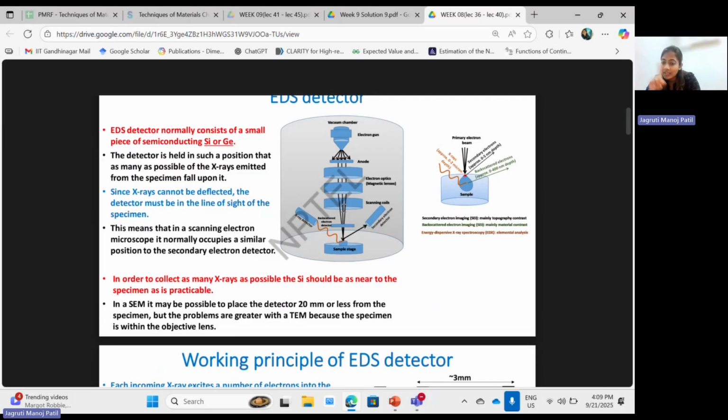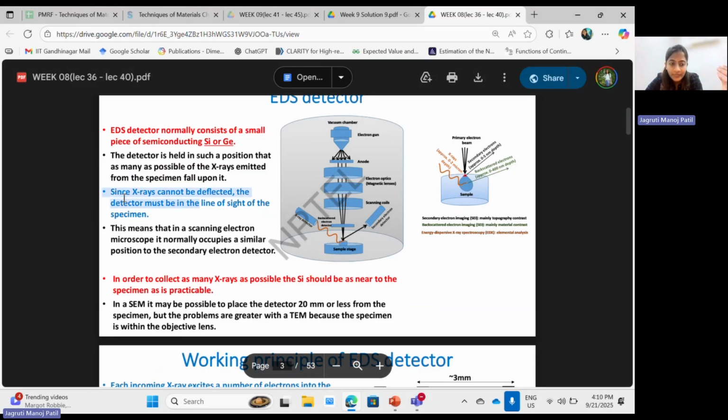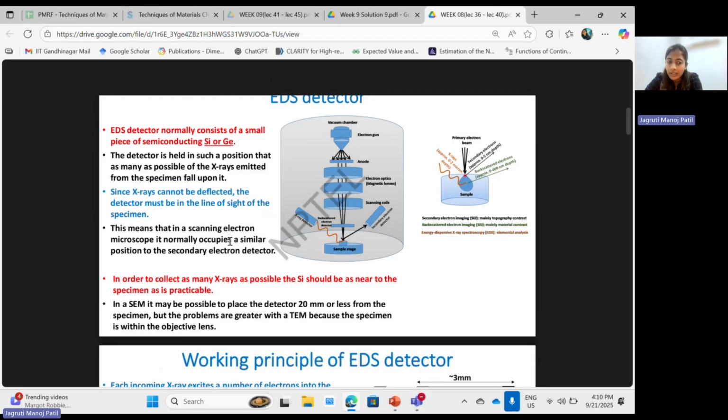Since X-rays cannot be deflected back into a direction that we want, the detector must be in the line of sight of the specimen, so it's very important. This means that in a single scanning electron microscope it usually occupies a position similar to the secondary electron detector. They have calibrated the system to a point that now they know where those specific X-rays will go and get deflected.